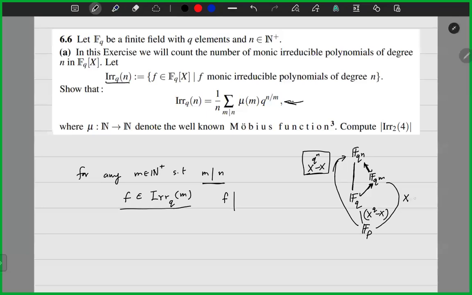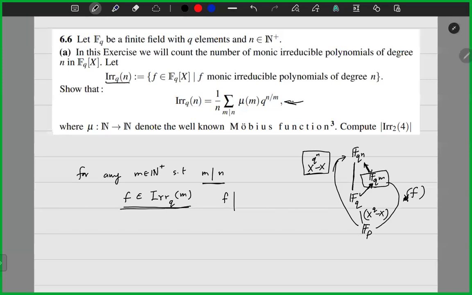In fact, f. So actually, there are many fields within Q power n, they are isomorphic. That's all right, but like inside a field, okay. So anyway, forget about that.